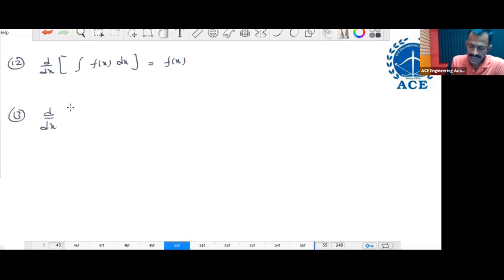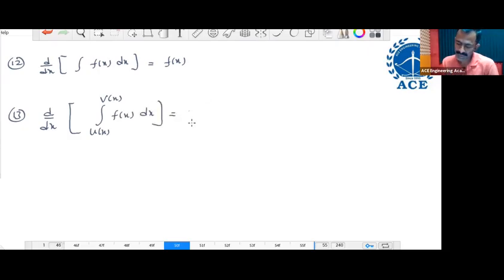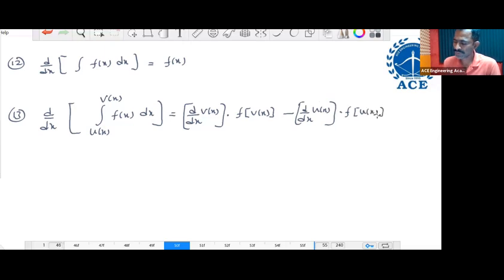d by dx of integral from u of x to v of x of f of x dx equals d by dx of v of x into f of v of x, minus d by dx of u of x into f of u of x.